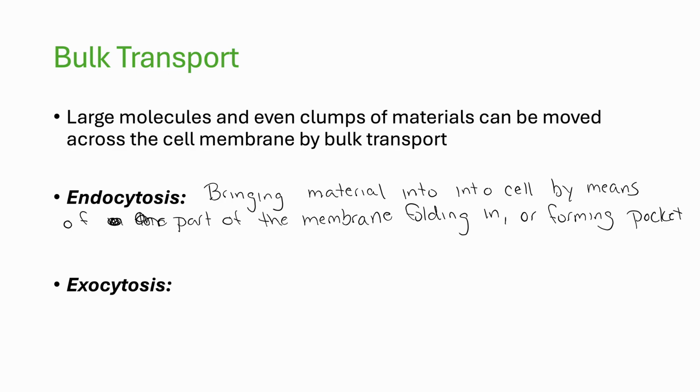Now, exocytosis is when we have to get rid of things like waste, things like proteins that we're exporting. But again, in exocytosis, the cells can release materials. And these materials are then kind of the same way, except in reverse.